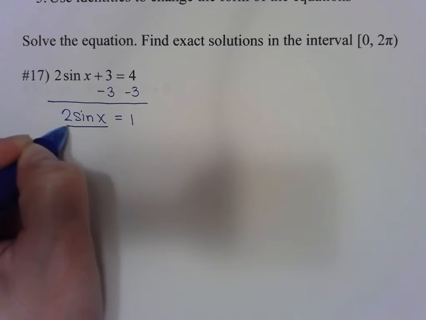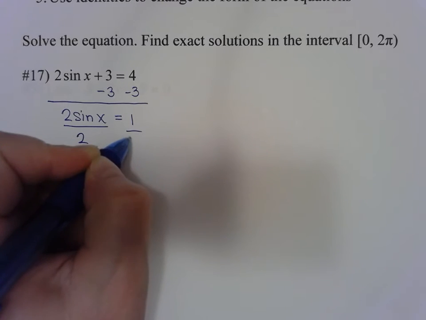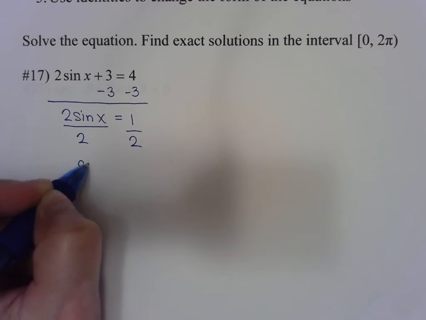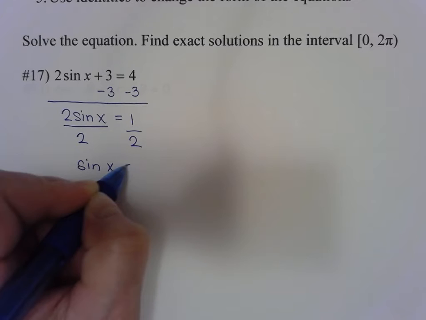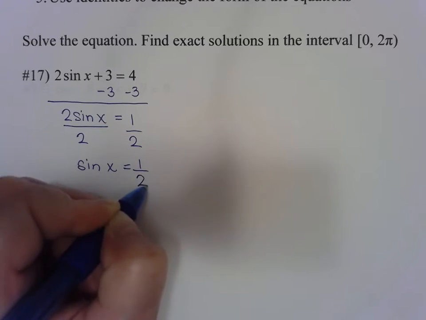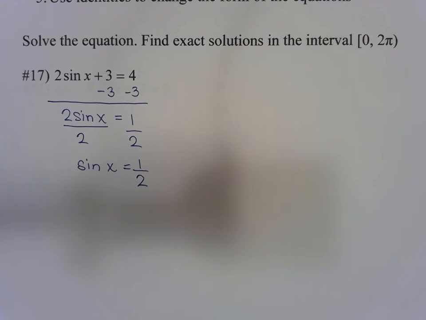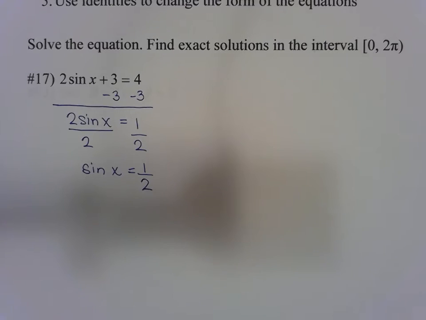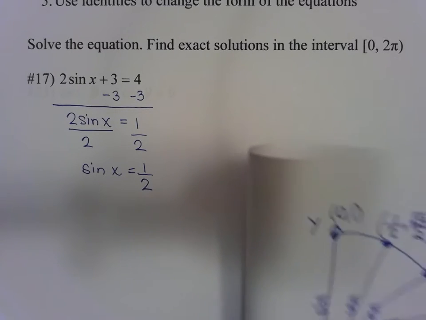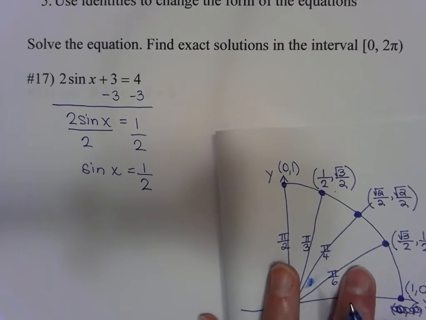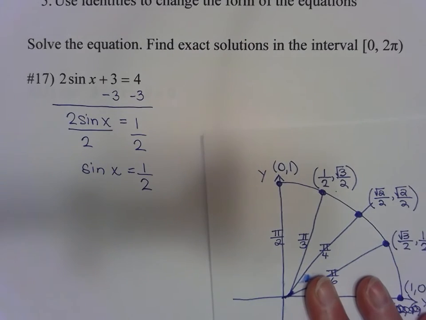Divide both sides by 2. This is the point where we might want to bring in our unit circle to help us out. This is where we would use our inverse trig function.